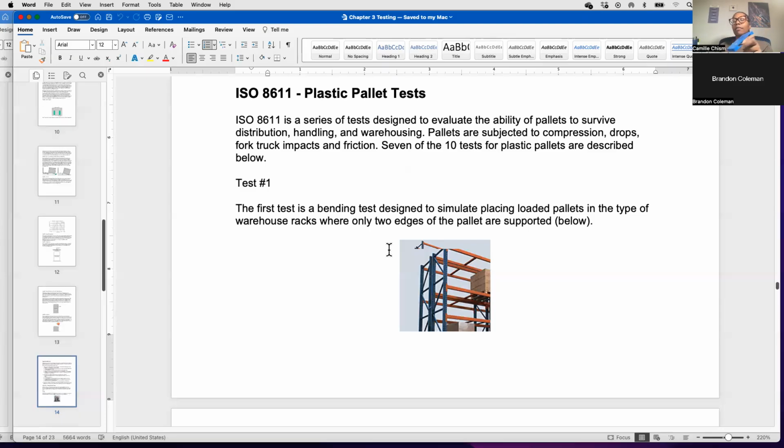They could fall, they could push other pallets off. When you load one on, it could push other pallets off. So there are just a lot of reasons why you want to make sure that the pallet can not only fit on a warehouse rack, but also it is strong enough to hold the product on a warehouse rack.